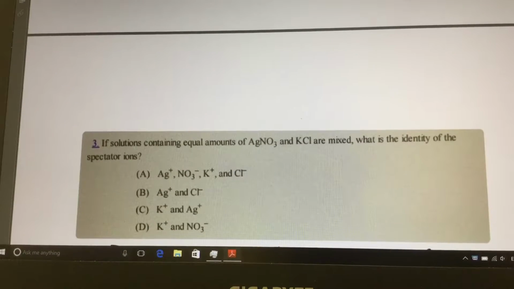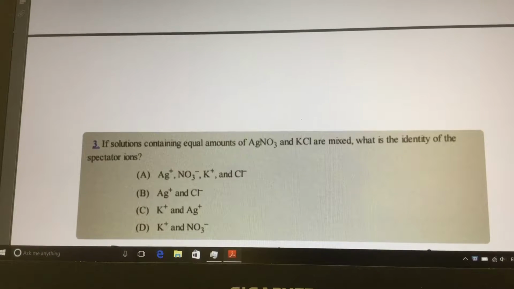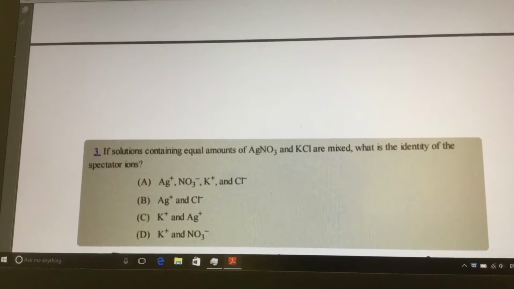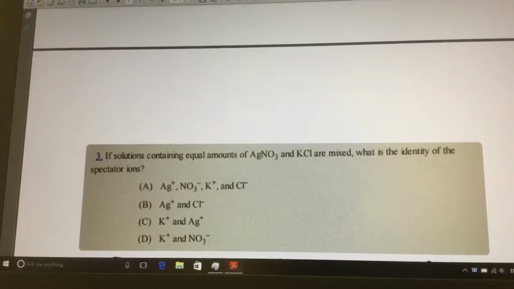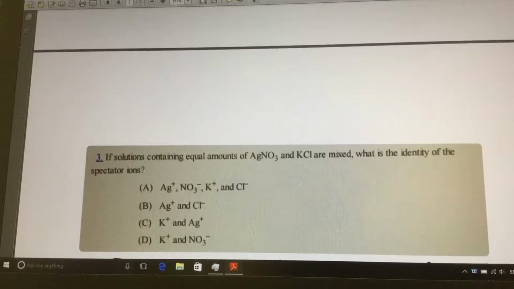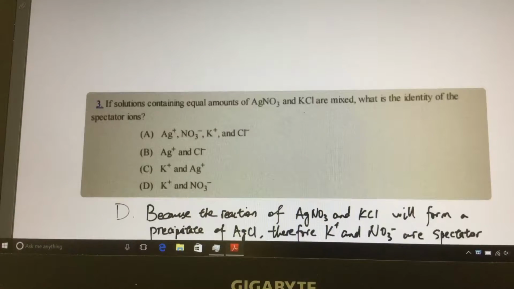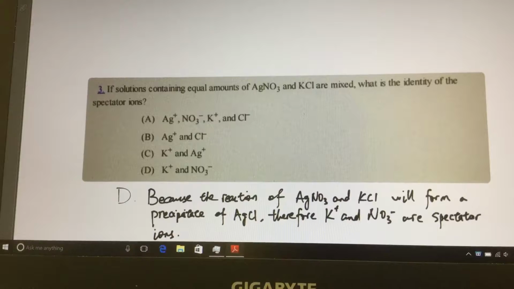And then, according to our solubility rules, we know that something with nitrate is going to be soluble in water. Therefore, K and NO3 are the spectator ions, and AgCl is the precipitate of this reaction. So the answer choice is D.